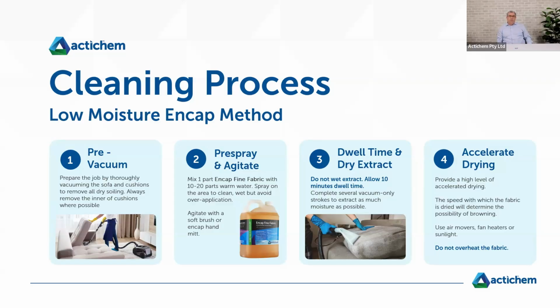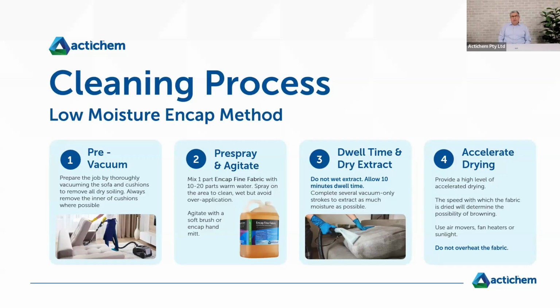You're not adding any extra moisture in it, and whatever surfactant is left in there and the emulsified soil, due to the encapsulation chemistry polymers in the end cap fine fabric, it dries down to a brittle crystal, which is later vacuumed away, released through dry vacuuming. Now, you can add a small amount of hydrogen peroxide into the end cap fine fabric, works extremely well to bring up the fibers, helps you to overcome the spots and stains.